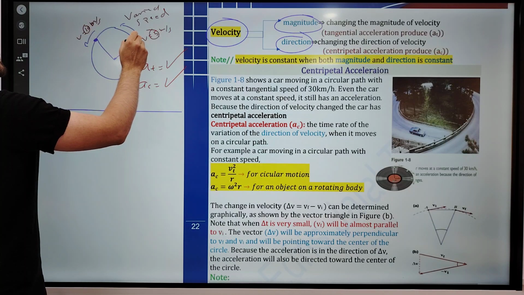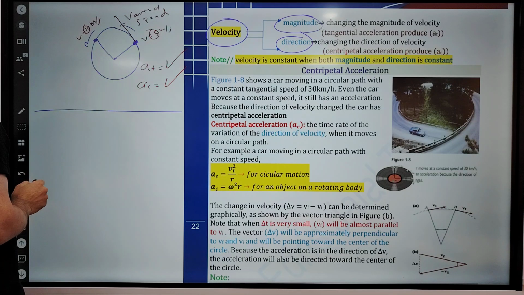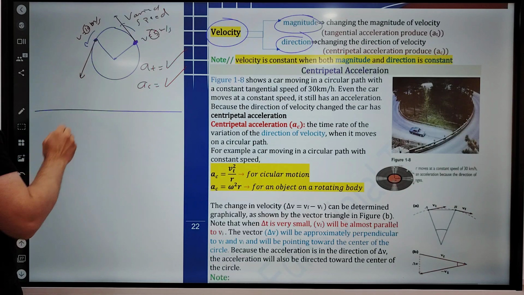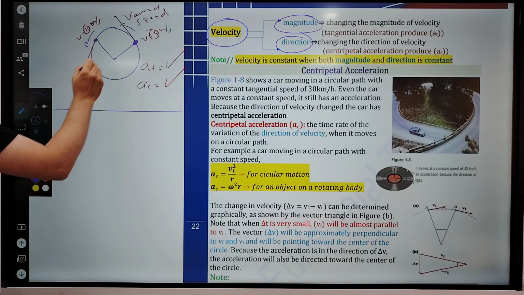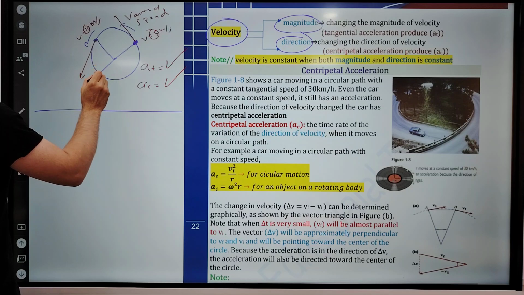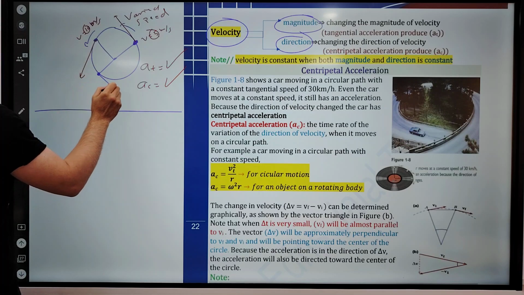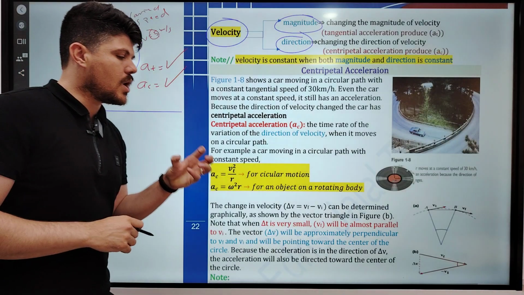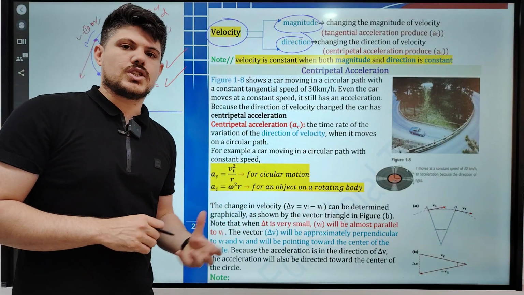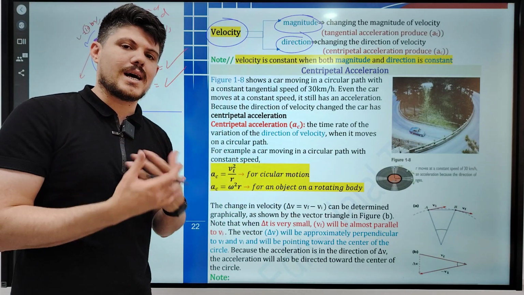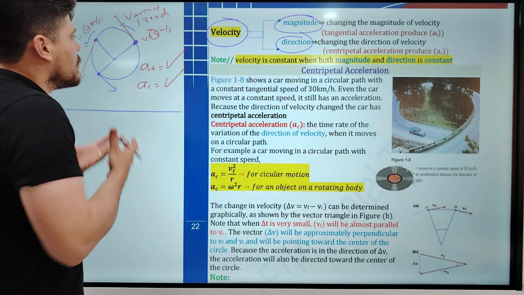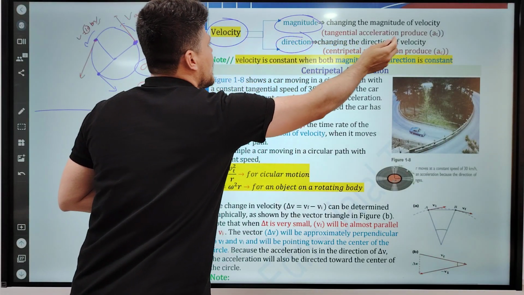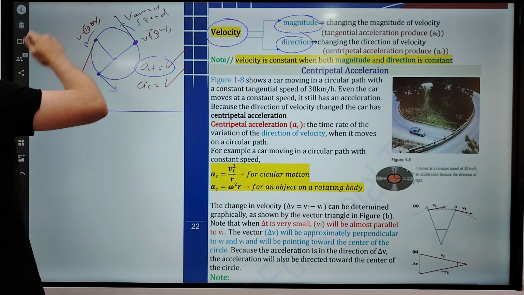At this point the object is directed in this direction, and at this point in that direction. So the direction of the object continuously changes. That is why the object has centripetal acceleration. But why does this object have tangential acceleration? Because of the change in the magnitude of the speed from 5 to 10.